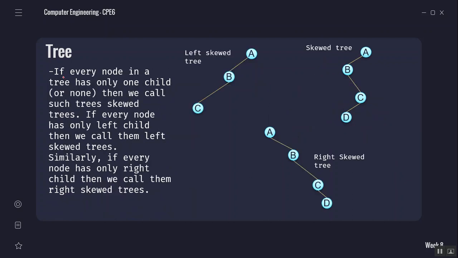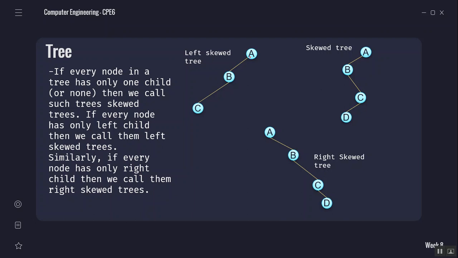So next, if every node in a tree has only one child or none, then we call such trees skewed trees. So this is a skewed tree. Now there are two types of skewed tree. If every node has only a left child, then we call them left skewed trees.